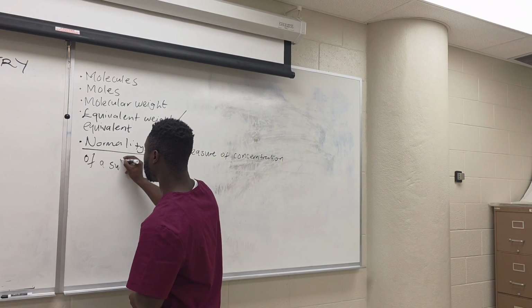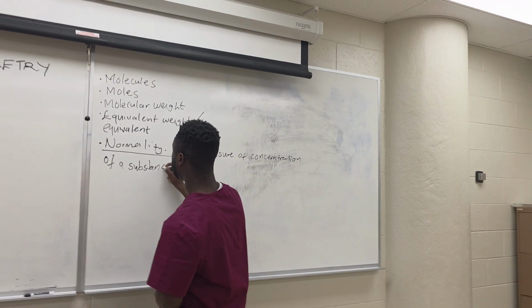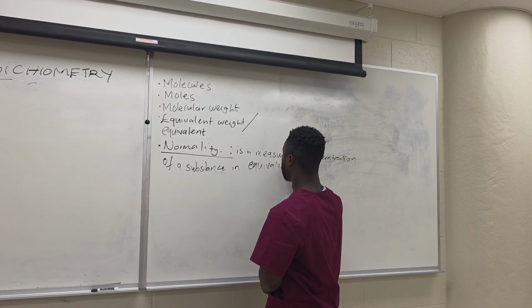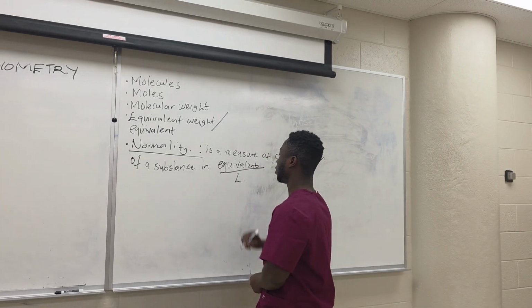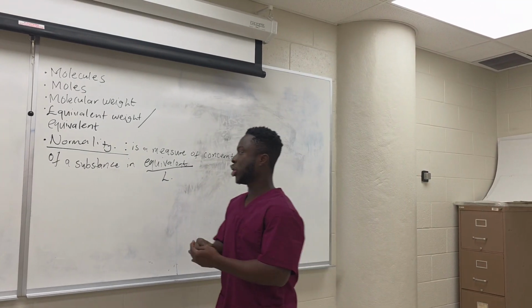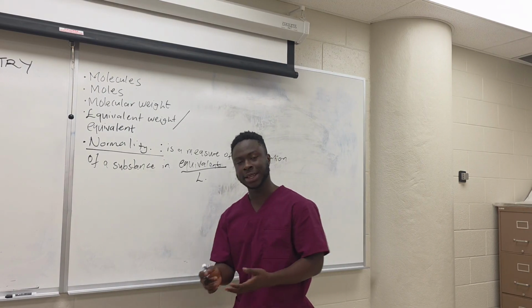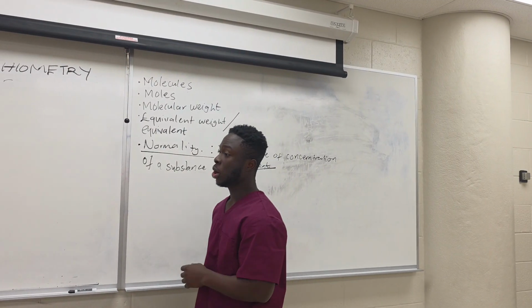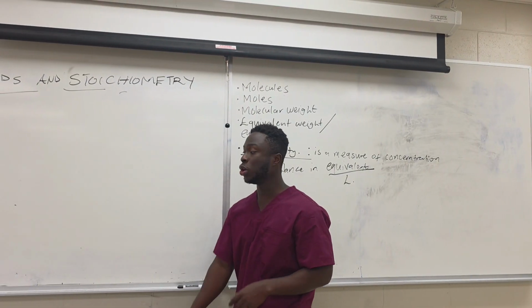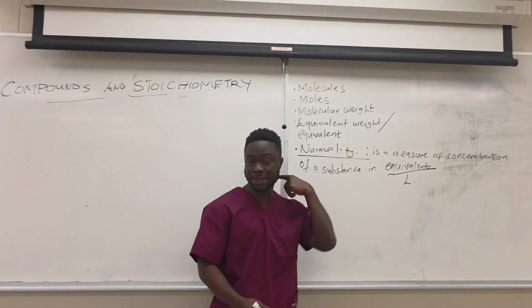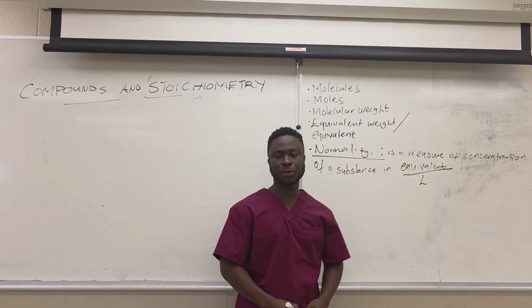So if you have any compound, mostly acidic and alkaline compounds, and you want to find the normality of it, you just divide the equivalents by the liters of it.